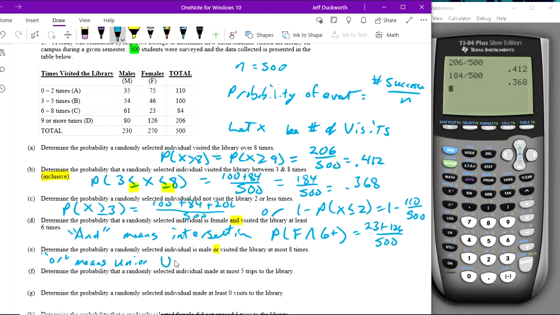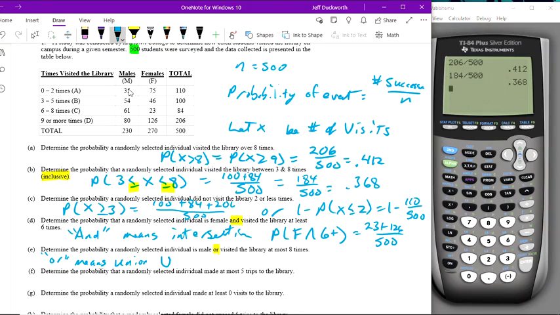Or this symbol here, the upside down U, I guess the intersection is the upside down U. Okay, so we can use our additive rule of probability for this. That's typically the way I go, or we can just highlight all of these values. So we're looking for male or 8 or more.